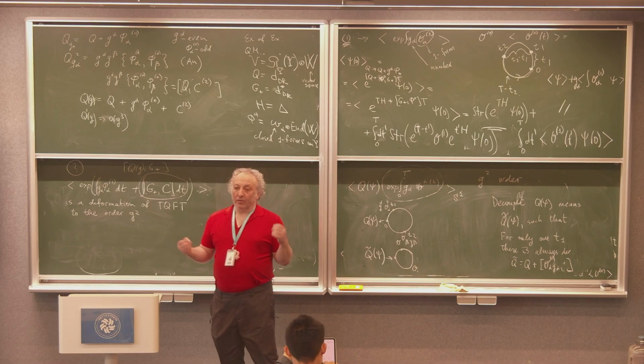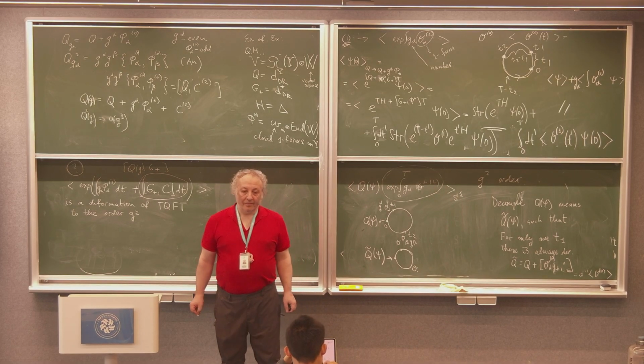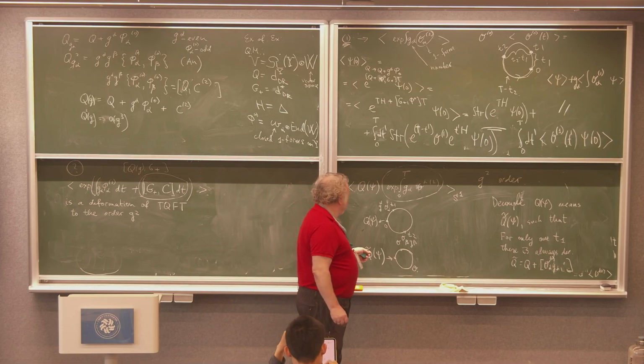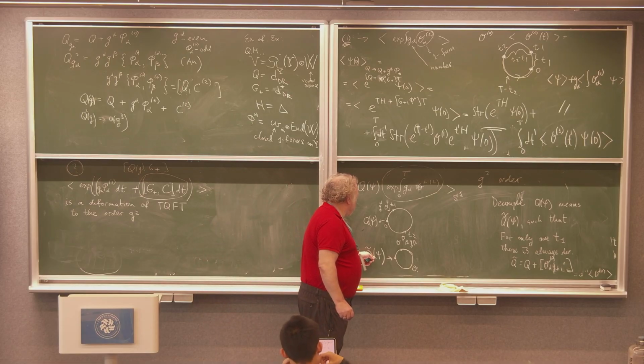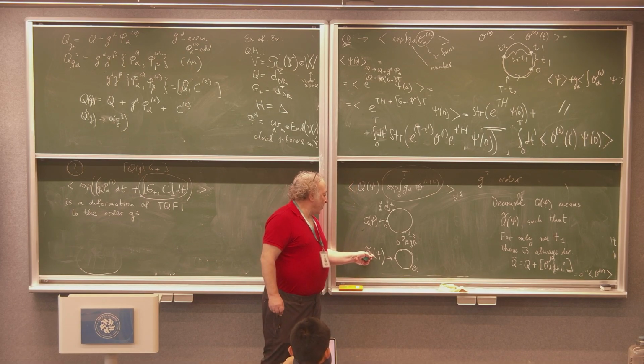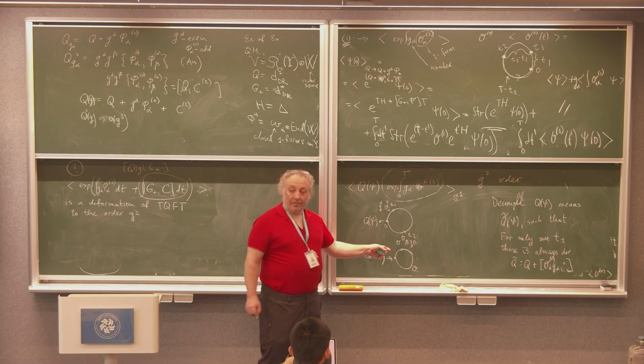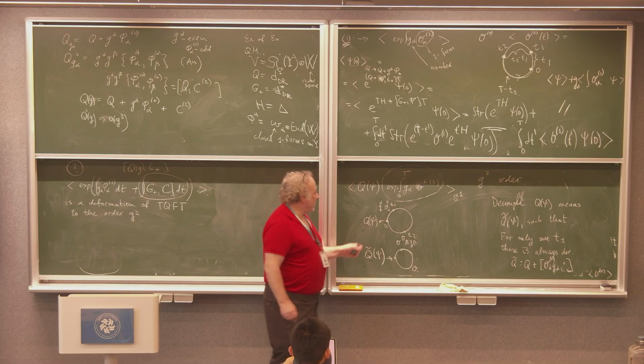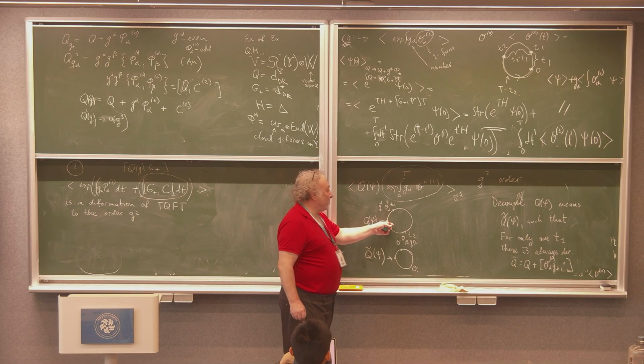Now we have 2 points. So we are playing the same game. We take Q tilde out of it. Sorry, we take Q out of this point.